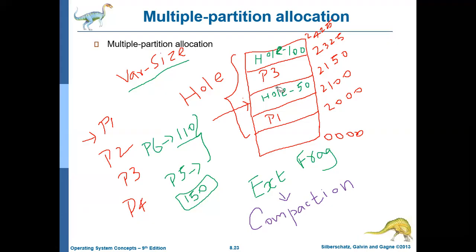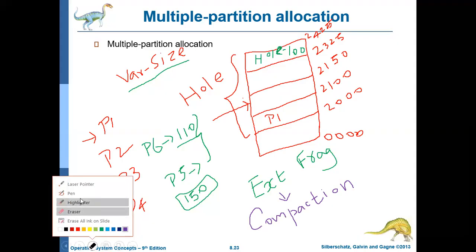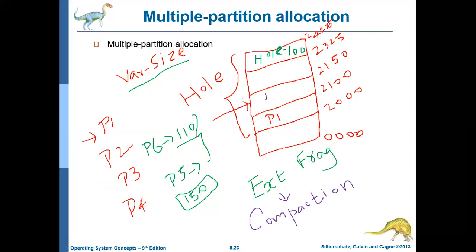This hole is 100 MB and this hole is a 50 MB hole. So P3 will come here. This addressing will slightly change. P3 will come here, and these holes will go here.